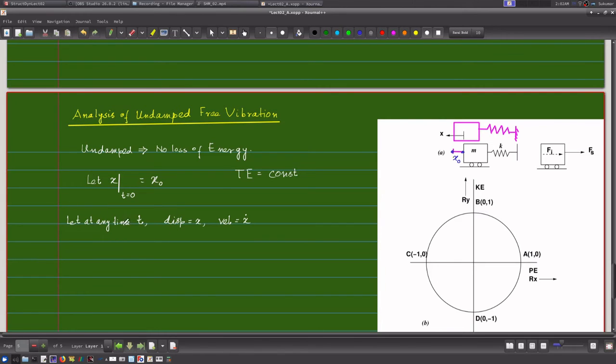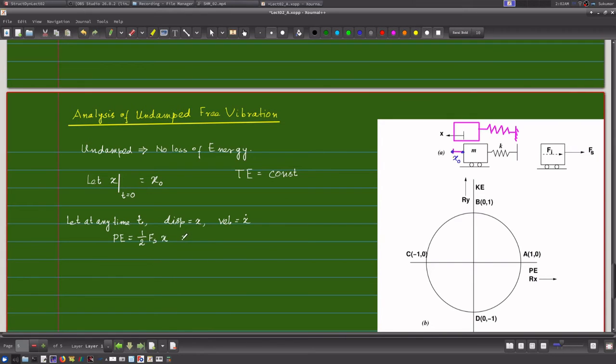Now if at any time the displacement is x and velocity is x dot, then what is my potential energy? In that instant, the potential energy will be given by the strain energy stored in the system, and that will be equal to half into force, spring force, times the displacement, which is x.